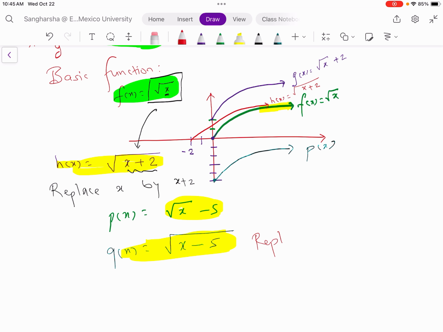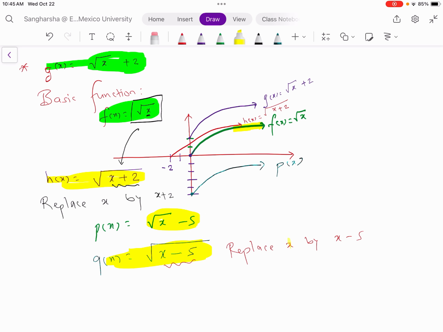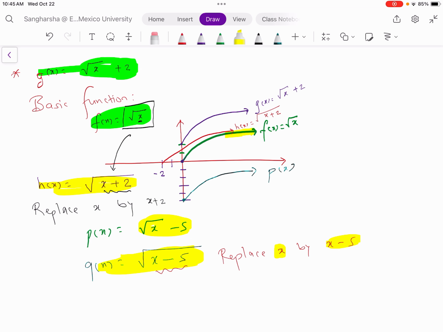Replacing x of a basic function by x minus 5 means we are moving the basic function graph to the right by 5 units. So 1, 2, 3, 4, 5. At 5, you draw a graph very similar to the basic function, and this is our q of x.